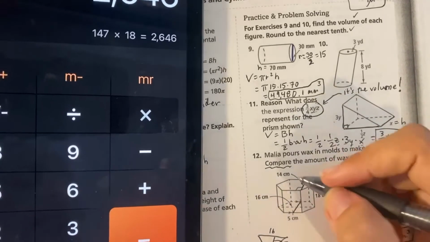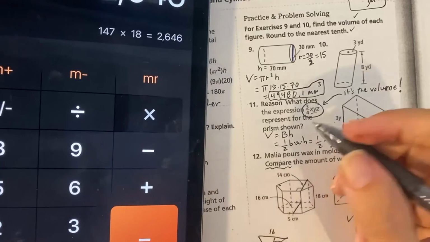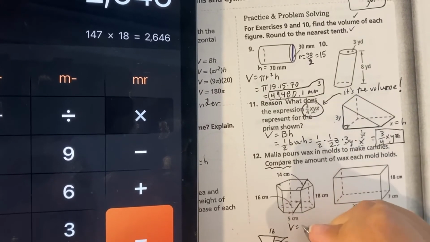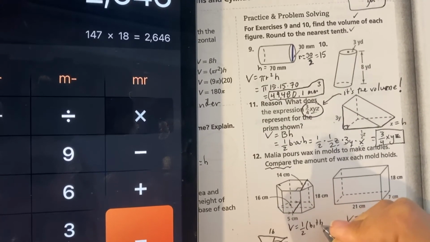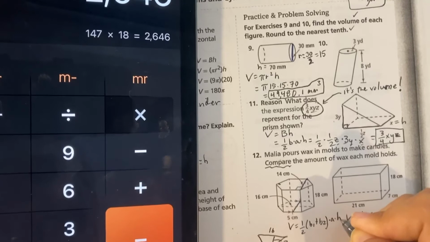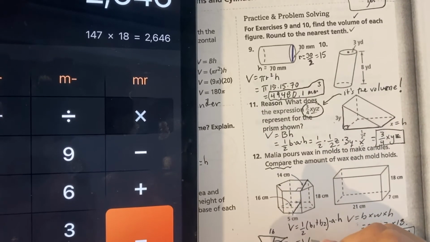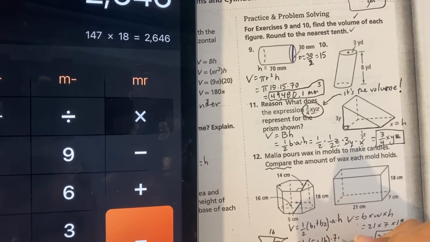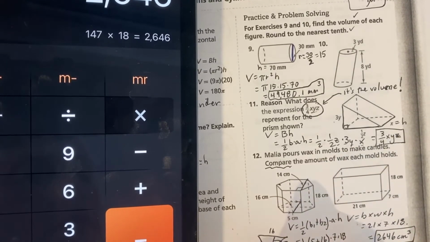So let's just say it's 2 trapezoids, which is right out of our foldable, and then just double our answer. It's 1/2 b1 plus b2 times our altitude times our height. So 1/2 times 5 plus 16 times 7 times our height of 18.